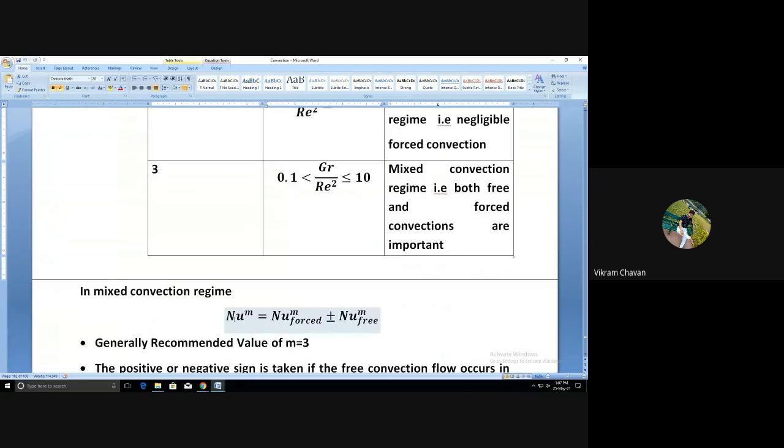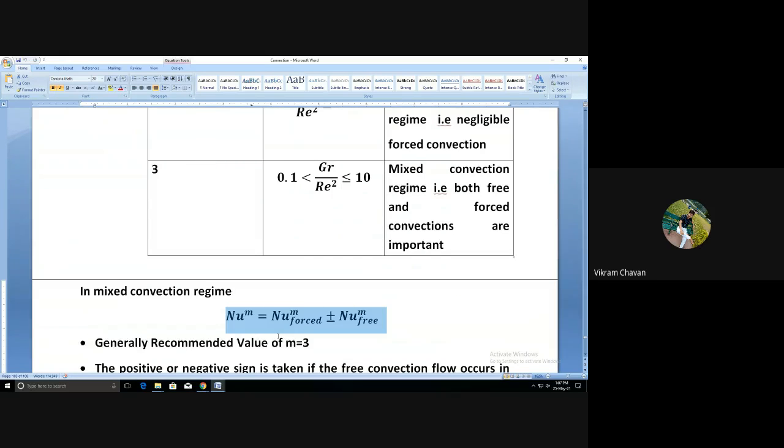Now, the solution for the problem should start with the Nusselt number. So what will be the Nusselt number? The average Nusselt number for free and forced convection. In that case, we consider this formula: the average Nusselt number raised to m is equal to the Nusselt number for forced convection raised to m, plus or minus the Nusselt number for free convection raised to m.